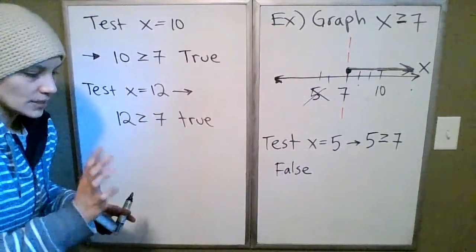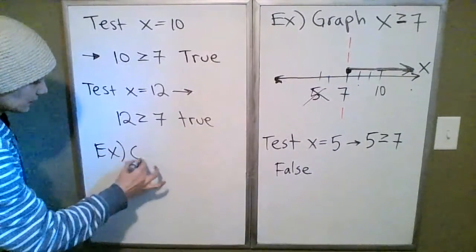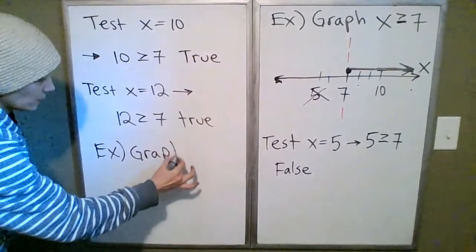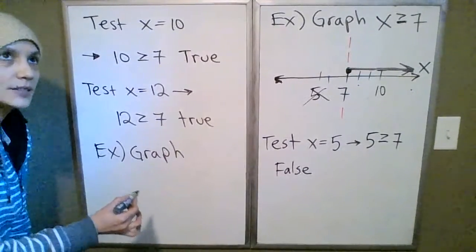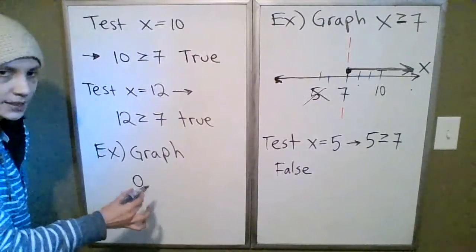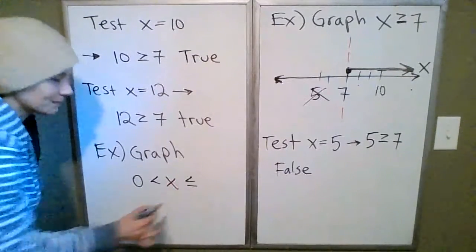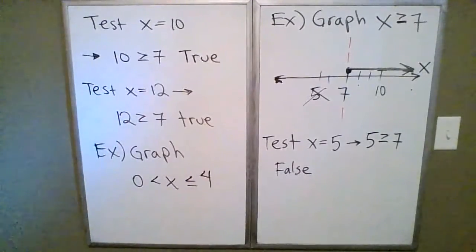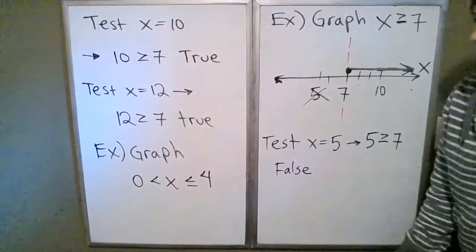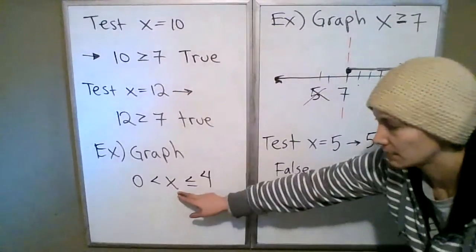So we're going to try one that has 3 parts. We have, let's do 0 less than x, less than or equal to 4. Okay, the first step we already have taken care of.